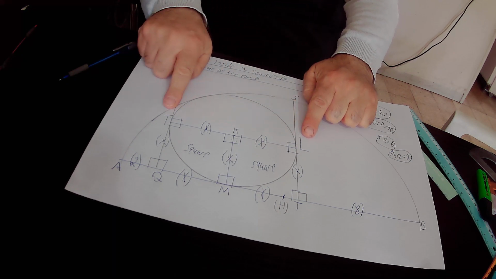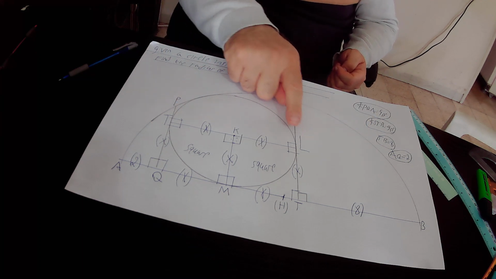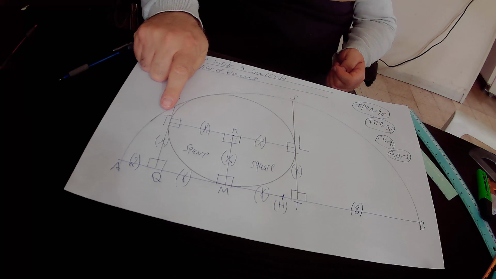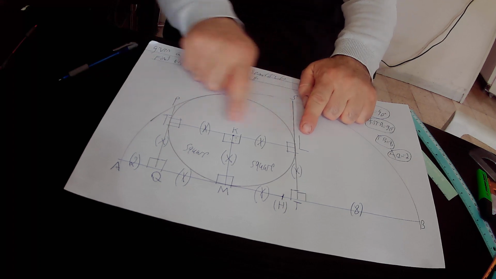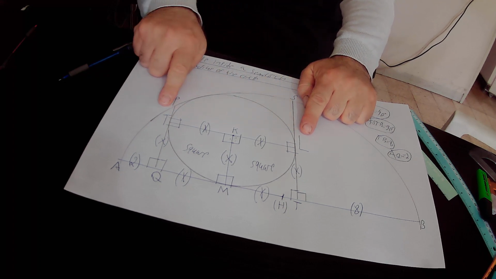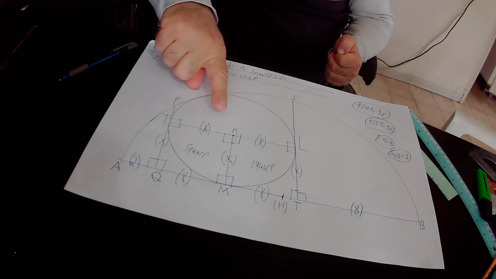So LT is a straight line that touches the circle at 2 points, L and T. And we know that any straight line that touches the circle at 2 points is defined as a chord. So LT is a chord that passes through point K, that is the center of this small circle, and we know that any chord that passes through the center of the circle must be the diameter.